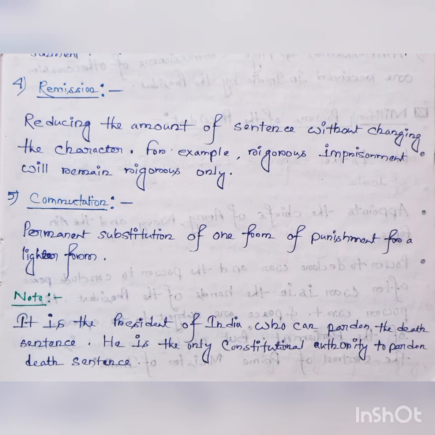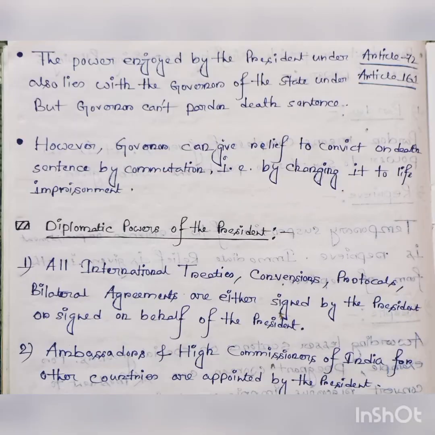Note: it is the President of India who can pardon a death sentence. He is the only constitutional authority to pardon a death sentence. The pardoning power enjoyed by the President under Article 72 also lies with the Governor of the state under Article 161, but the Governor cannot pardon a death sentence.